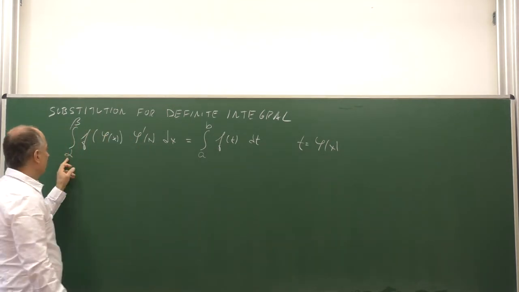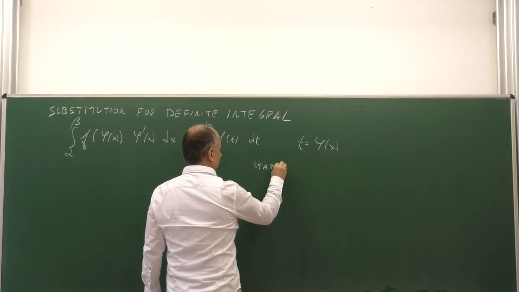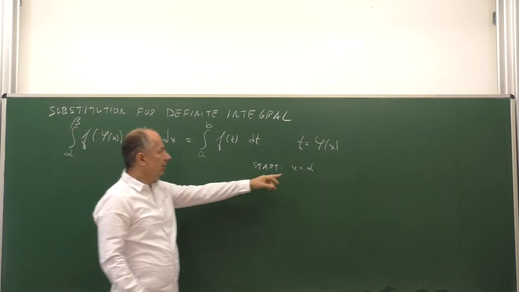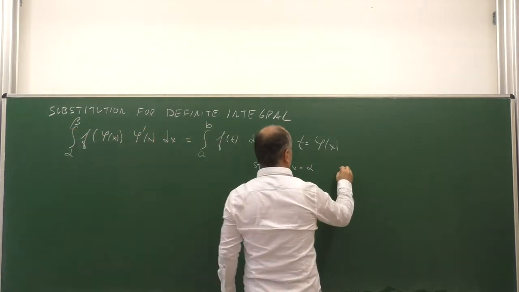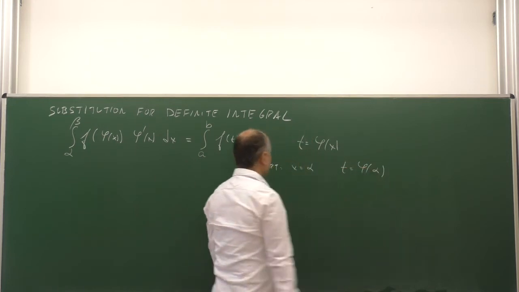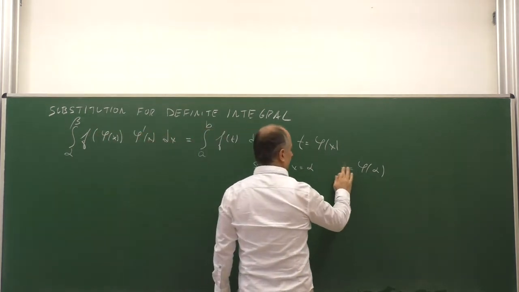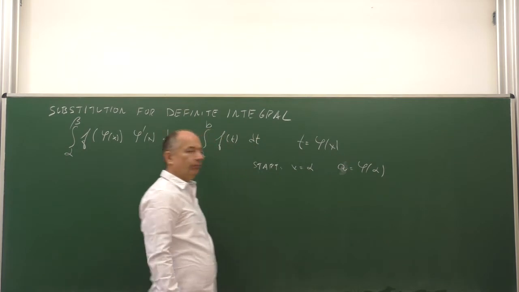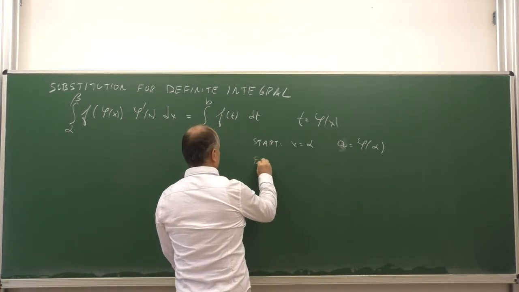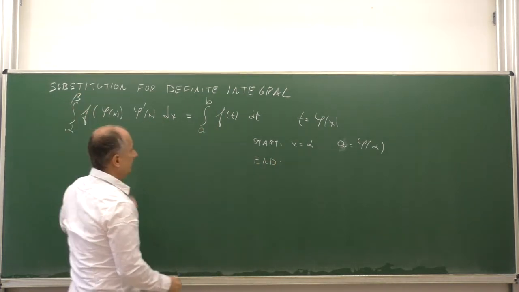If x starts at alpha, then t is phi of alpha. And this is the starting value for t, which we denote a. And the endpoint, the final value for x is beta.